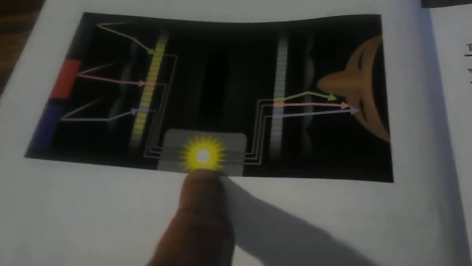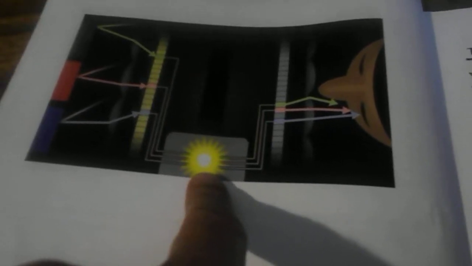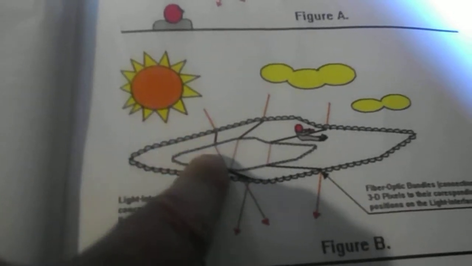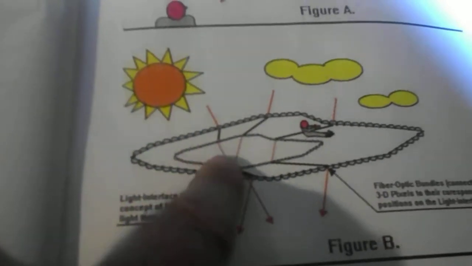But this is a recent advancement in invisibility technology, and it's called the Rochester cloak, and you can look it up on YouTube to see more of how it works. But I find that this is very similar to what I've had since the New Year winter of 1992, my light interface concept, and the whole concept of the light interface system in general, which a byproduct creates a holodeck on the interior walls of the light interface.